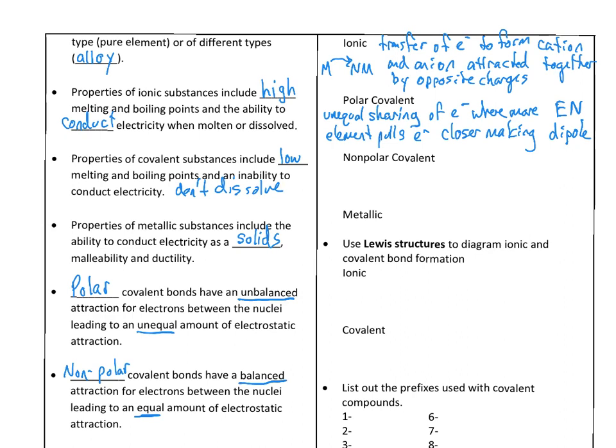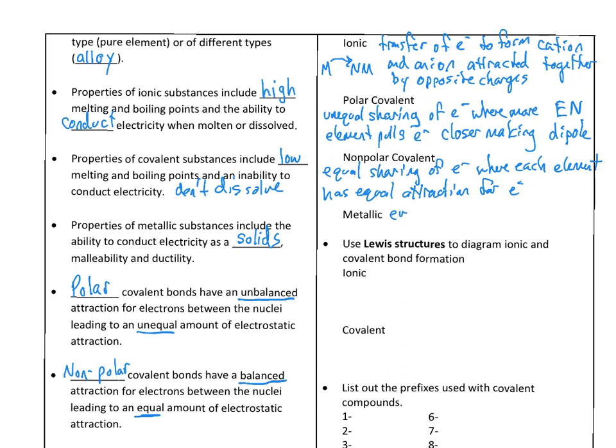Non-polar covalent is going to be the opposite. So we have an equal sharing of electrons, where each element has an equal attraction for electrons. And lastly, metallic.